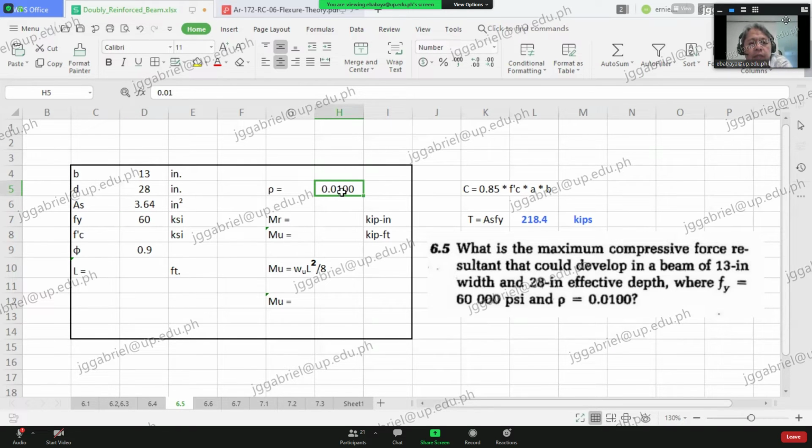So if you're given rho, then you can approximate the area of steel. Okay, because of the formula, rho is equal to As over bd. So to get the area of steel, you just multiply b times d and then times rho, okay, by cross multiplication. Okay, I hope you are getting that.